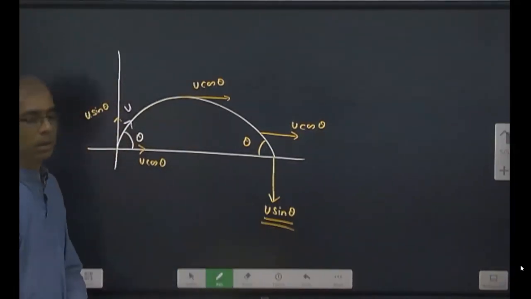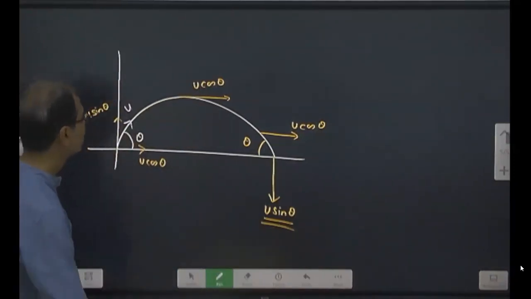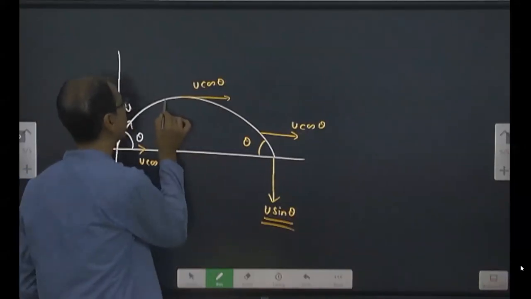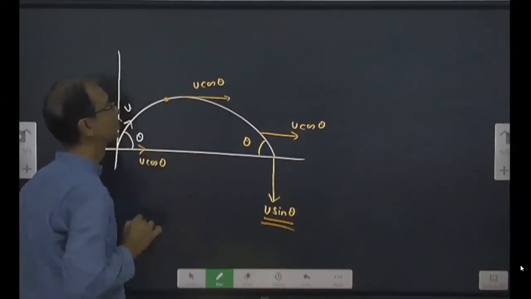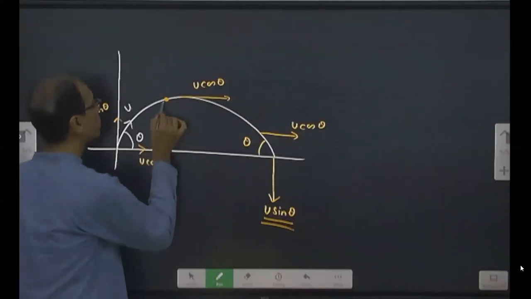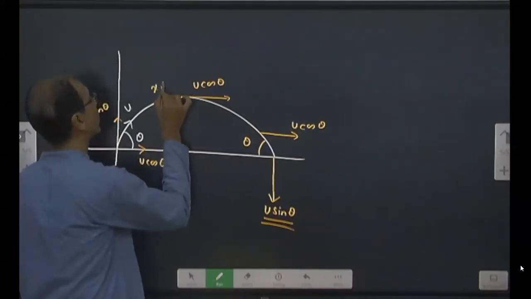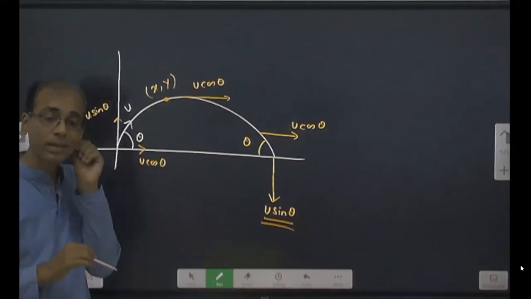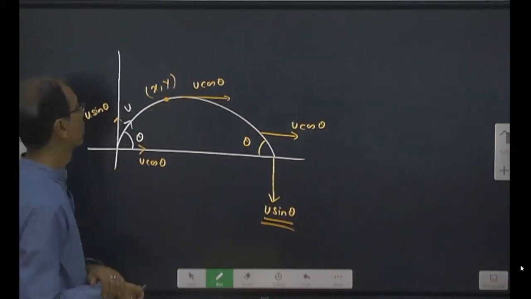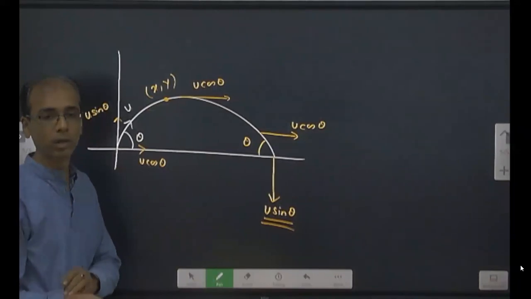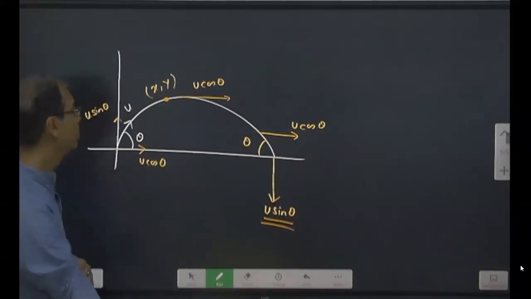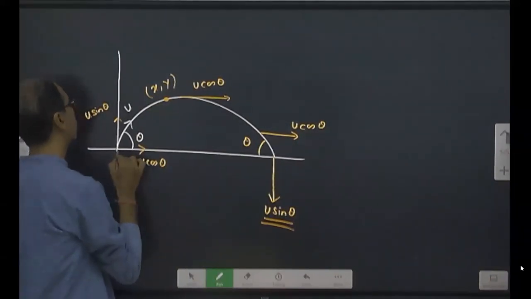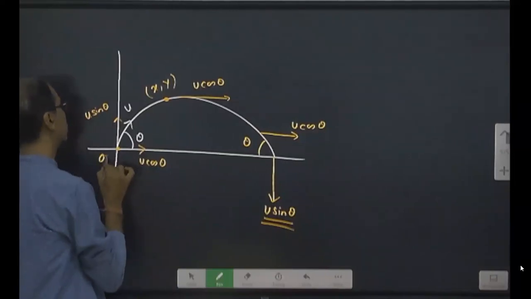Fine. Now, at this point somewhere here, suppose this point, I am saying this point's coordinates are x comma y. And I want to find that x coordinate and y coordinate. Assuming that we throw the particle from here, this is the origin.